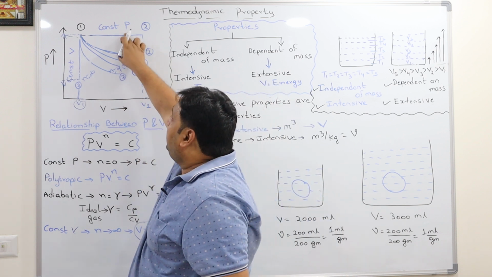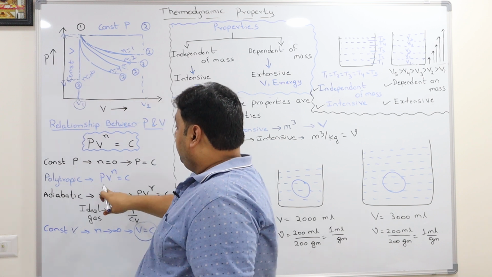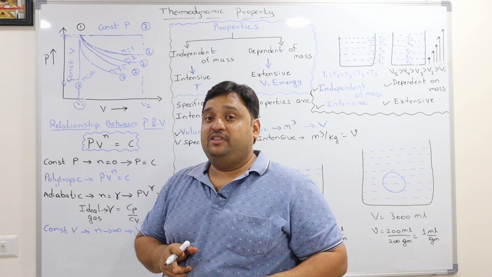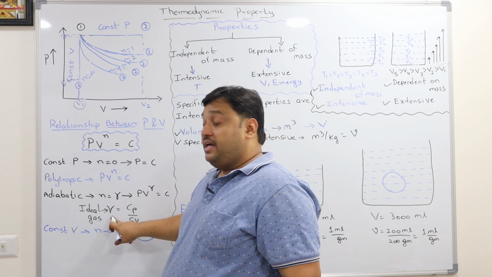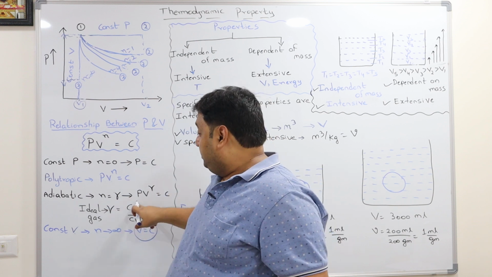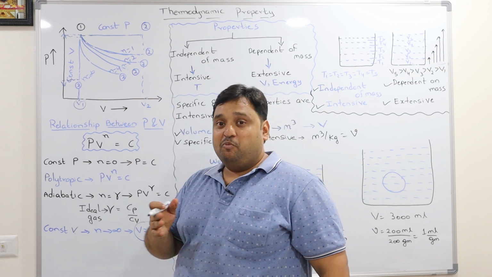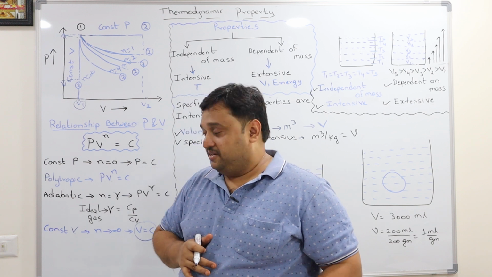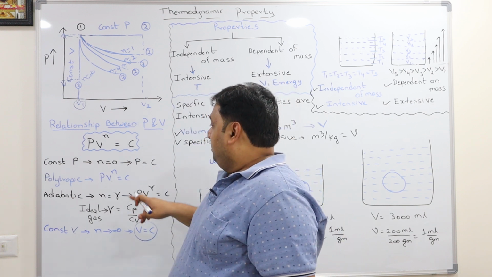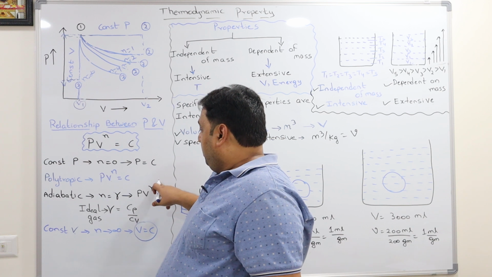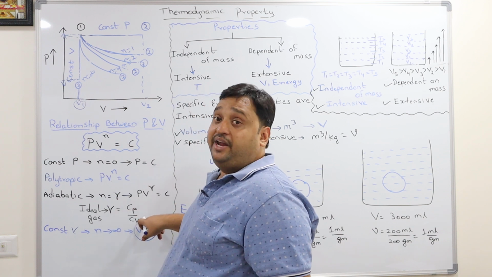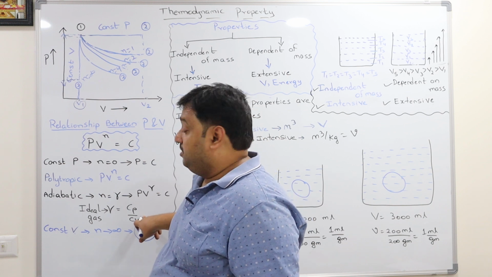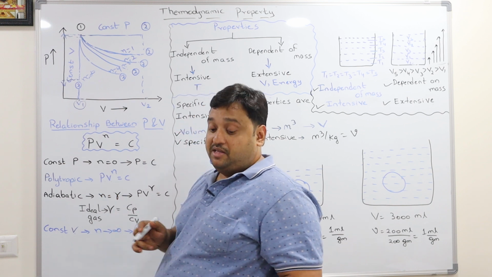That means there is a line in between these two where PV^gamma = constant. This applies only for an ideal gas. Gamma is nothing but Cp by Cv, you might have come across this line somewhere. Gamma is the specific heat capacity at constant pressure divided by the specific heat capacity at constant volume. The ratio of these two provides gamma.